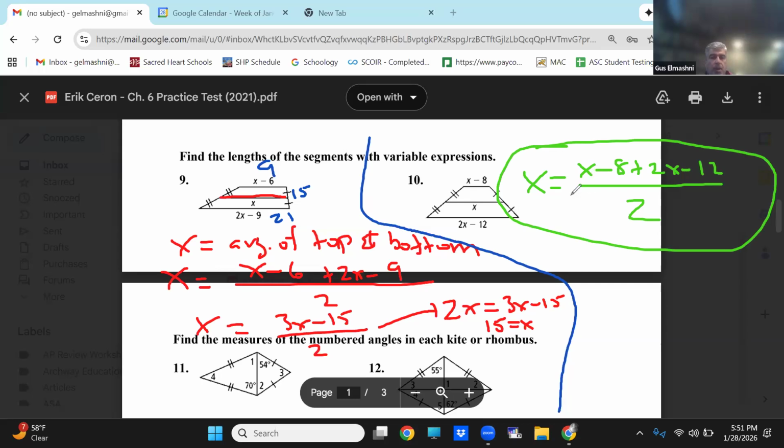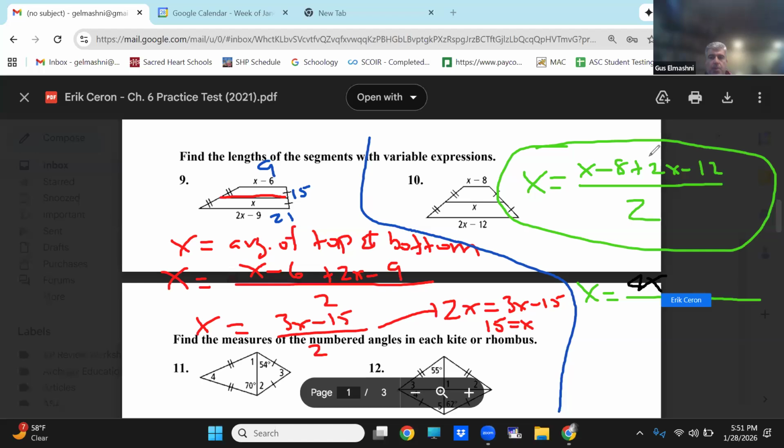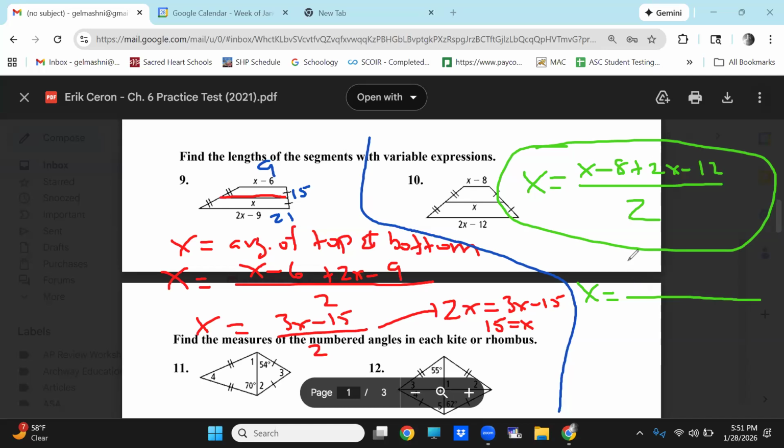So let's do the algebra and let's work it out. Go and clean up the top. When you clean up the top, we have x plus 2x. What's x plus 2x?